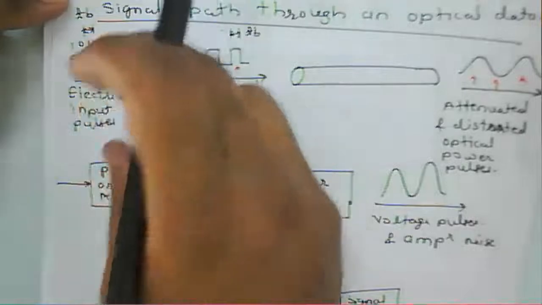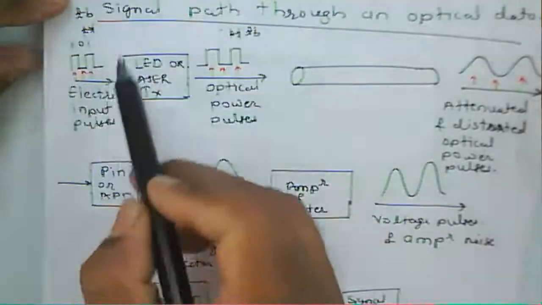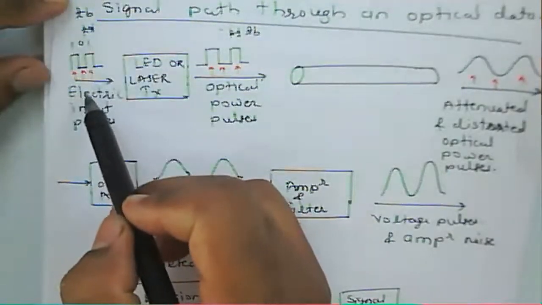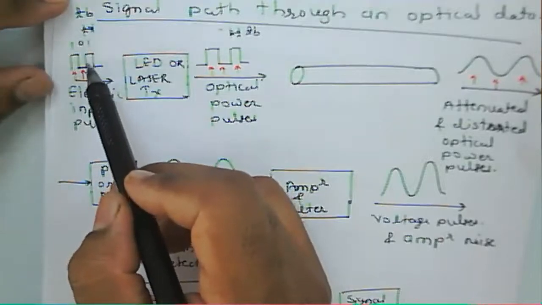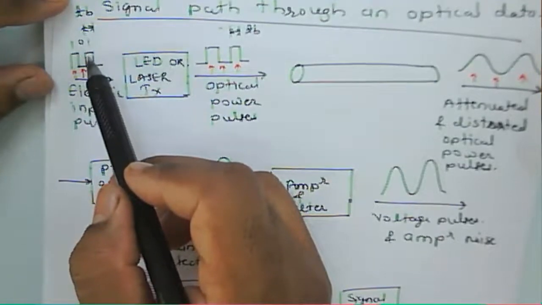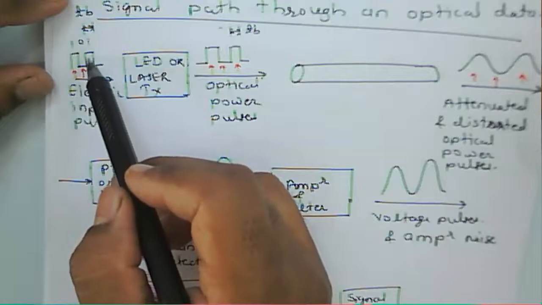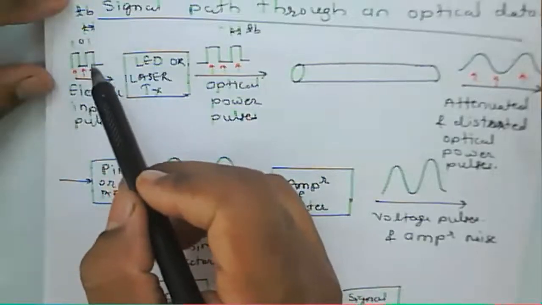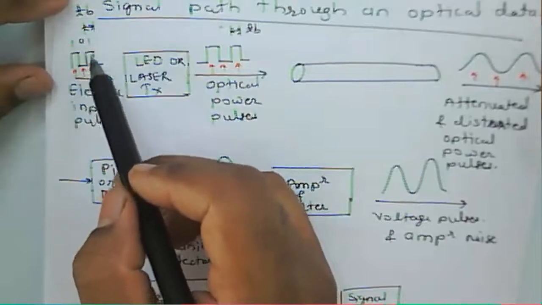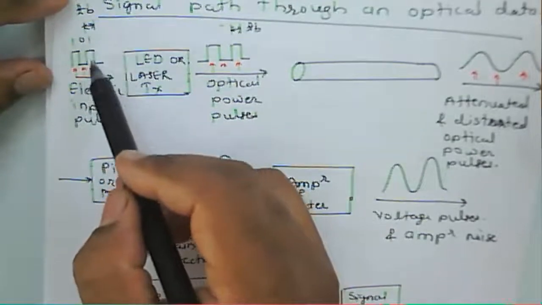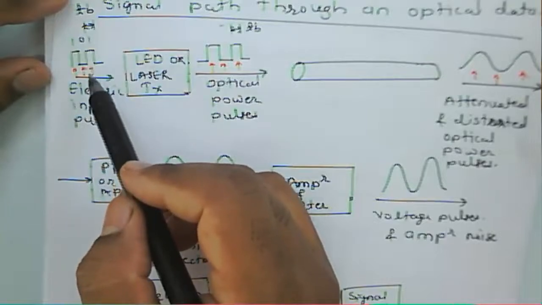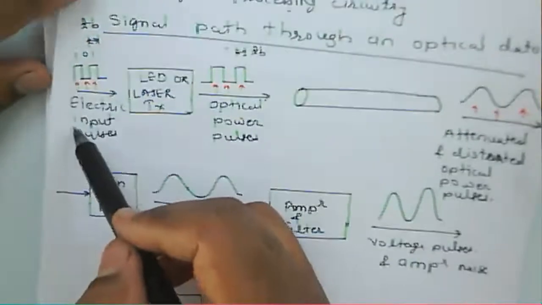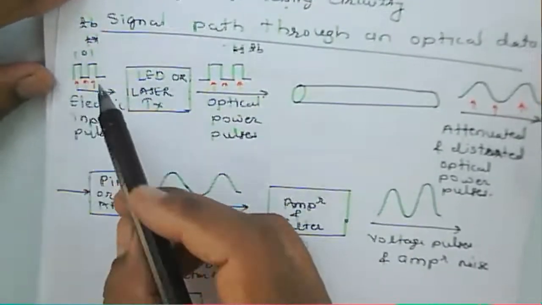Now then, the principle of information, whatever the data information, how we are sending the information, that is in a binary format, or what technique we are using for sending the data in a digital format. So it can be amplitude shift keying or on off keying, where the voltage level will be switched from the higher level to the lower level there.